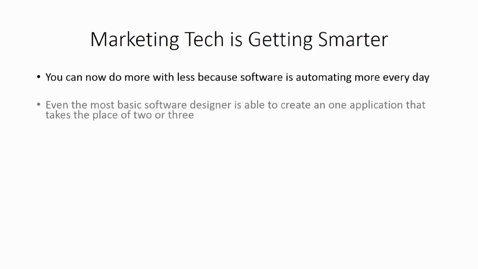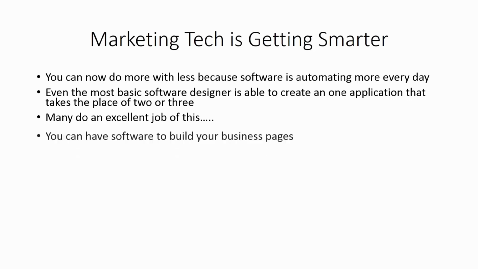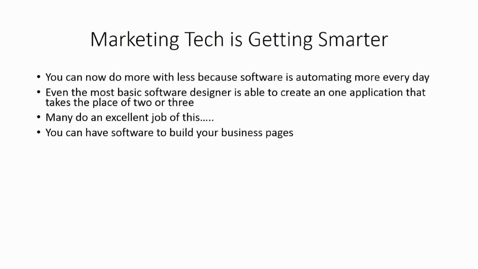Even the most basic software designer is now able to create one application that takes the place of two or three that used to do the same job. How many of you have found that? Many of these applications are doing an excellent job of combining applications. You're probably seeing that, and you probably purchased some of them. You can now have software to build your business pages.